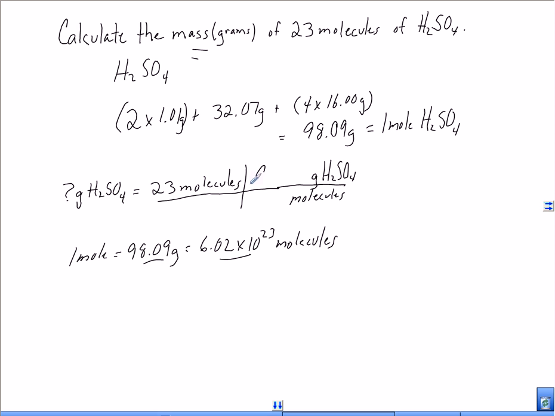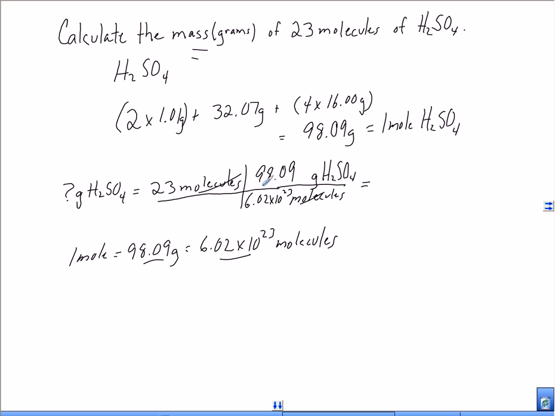So my 98.09 is going to go there. My 6.02 times 10 to the 23rd is going to go there. I'm going to cancel out my molecules, and what am I left with? I'm left with grams. This is what I want to find, so I don't need to do any more converting. Now it's just a matter of multiplying and dividing.